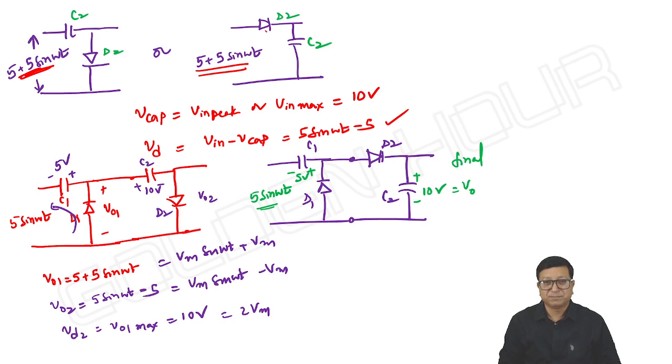It is 2 Vm. If I give Vm sin omega t as input, its overall output is a DC signal of amplitude equal to 2 Vm. It's a very, very simple thing. So let me take that final circuit with statement. So this is one possible circuit.